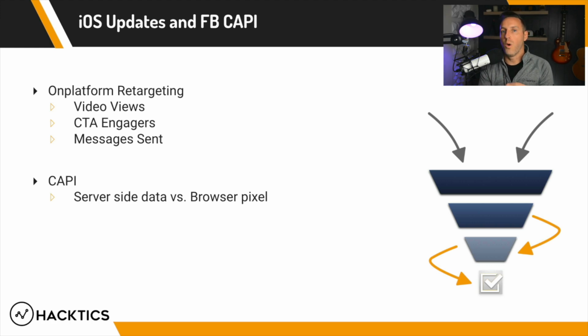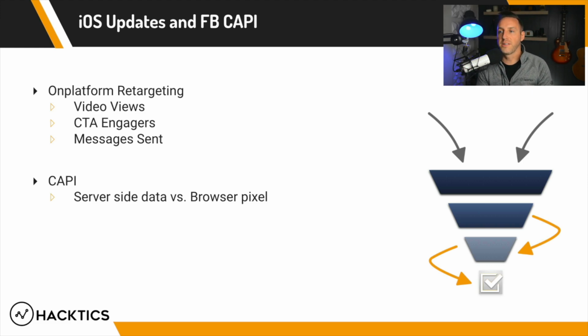Nonetheless, what Meta has moved to, and all of these other ad platforms have moved to, is a conversion API, and that is server-based. So when somebody takes action on your website, if they filled out their name, their address or their email, what you can then do with a conversion API is send that information back to the ad platform. Whether they have a pixel or not, you can still send that information back.